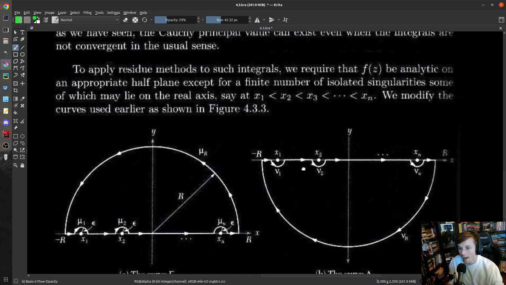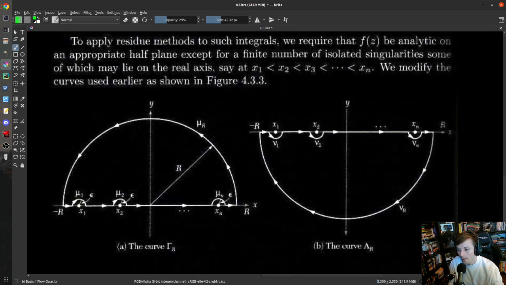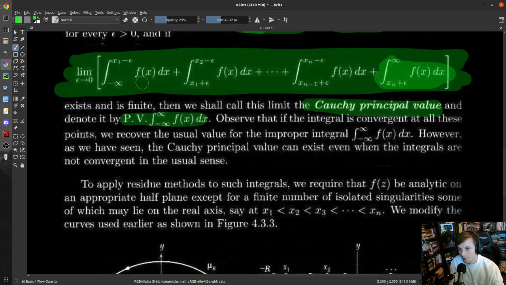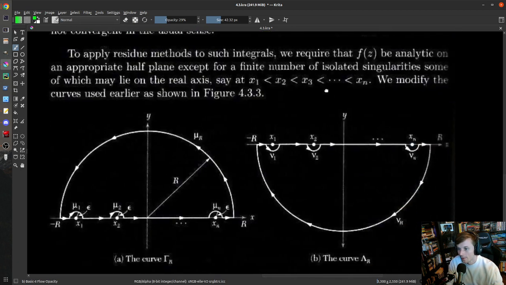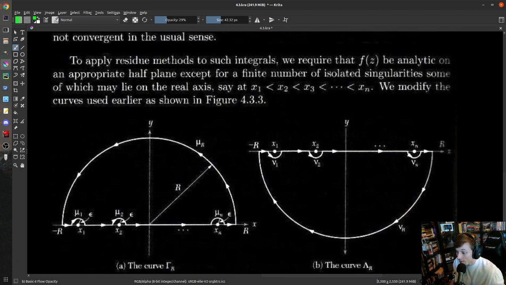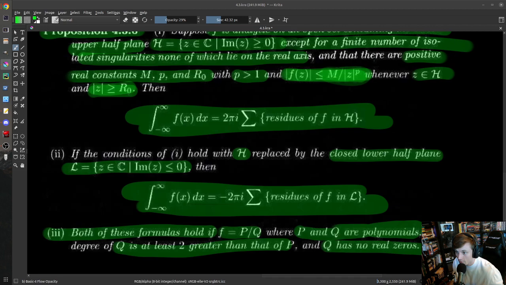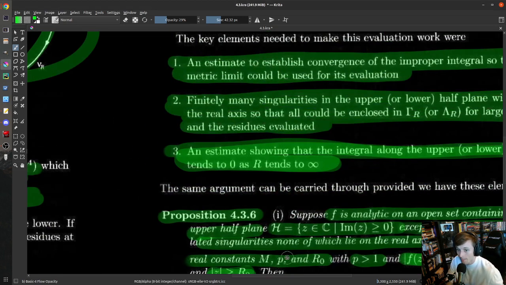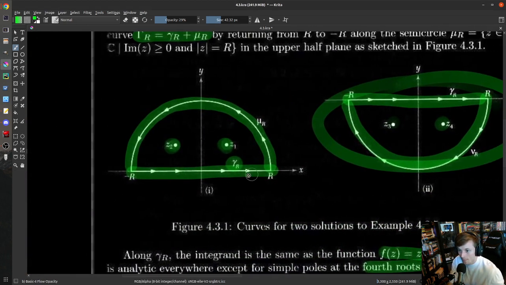How will we deal with these points of discontinuity and calculate all these? Well, we're just going to slightly modify the trick we did yesterday. The trick we did yesterday, if you recall, basically involved us going along our little integral from minus r to r, and then we went back, made a closed path.